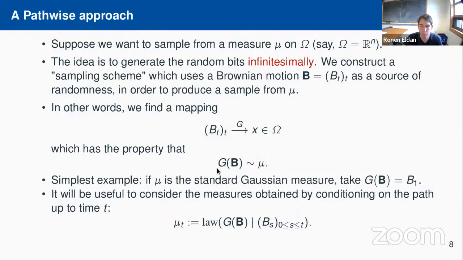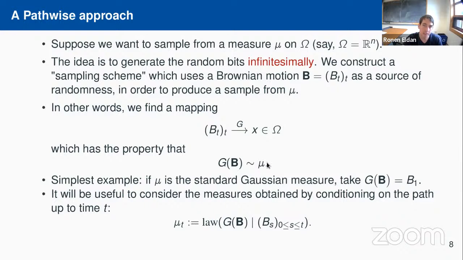So if we take B and plug it into this mapping G, the output will have the prescribed distribution that we want. Okay, so given mu, we want to find a G that has this property. And as a simple example, if mu is the standard Gaussian measure on R^n, we can just take G of B to be the Brownian motion evaluated at time 1, which we know has the distribution of a Gaussian.